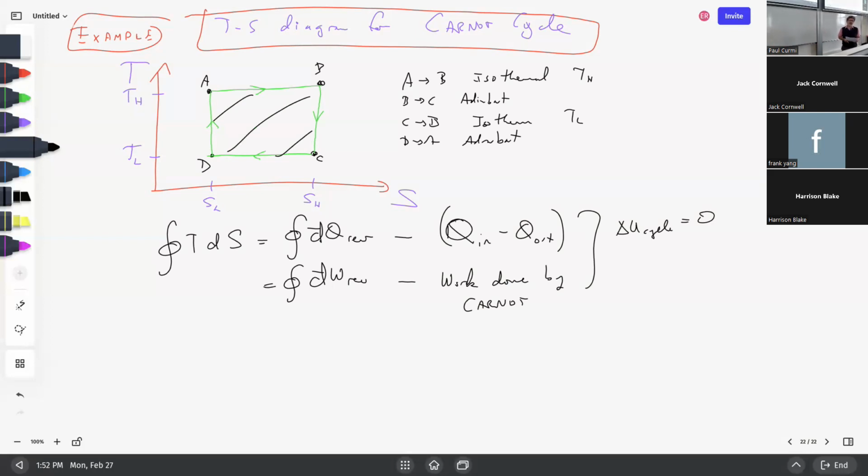And so when I chopped up an arbitrary cycle into these weird Carnot shapes, I could have just chopped it up into nice looking rectangles. When you're actually doing integration, working out areas, you're chopping the thing up into little rectangles, dx, dy, where dx, dy are infinitesimal.